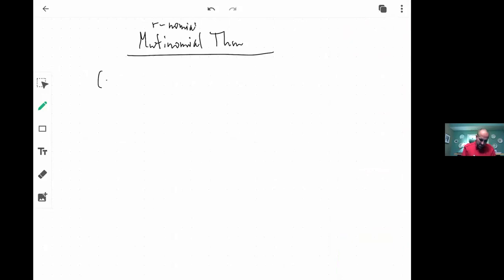If I have like r variables, x1, x2, and I'm adding these things together, xr, and I raise this to the n power, what's this going to be? Well, it's going to be the sum, right? Same kind of game we just played. e1 plus dot dot dot plus er equals n.